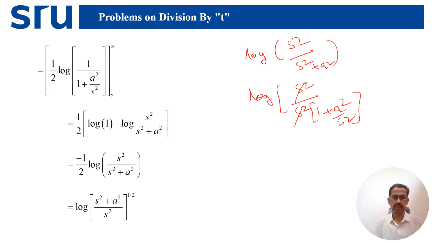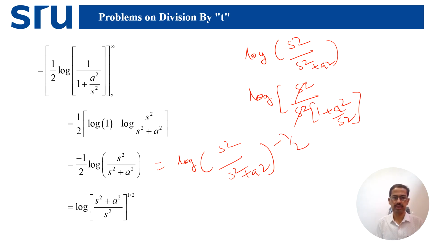Now this is equal to log 1, what is log 1? 0. So minus 1 by 2 log of s square plus a square whole square. So this is equal to log of s square by s square plus a square whole power minus 1 by 2.